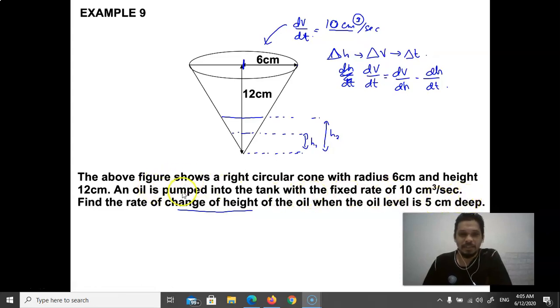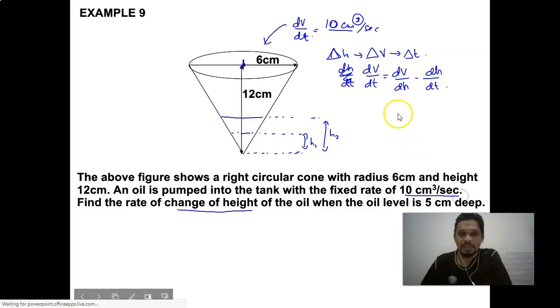Given in the question here, an oil is pumped into a tank at a fixed rate of 10 meter cube per second. So dV/dt is given here. Then find the rate of change of height. So dH/dt is the thing that we need to find for this question.